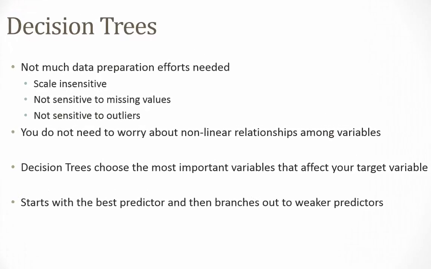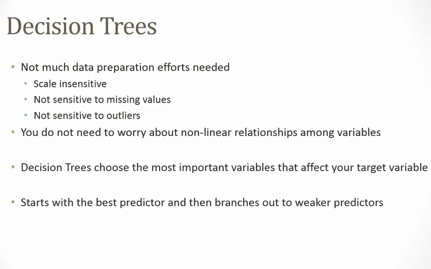Here are several of the advantages of decision trees over other predictive or supervised analytical methods. First of all, decision trees do not require much data preparation effort. They are not scale sensitive. It means that if you have attributes in different ranges, such as revenues that are recorded in millions of dollars and loan ages that are recorded in years, you don't have to normalize the scales, you don't have to standardize them.